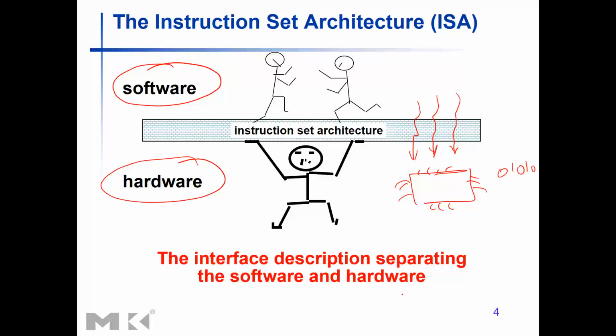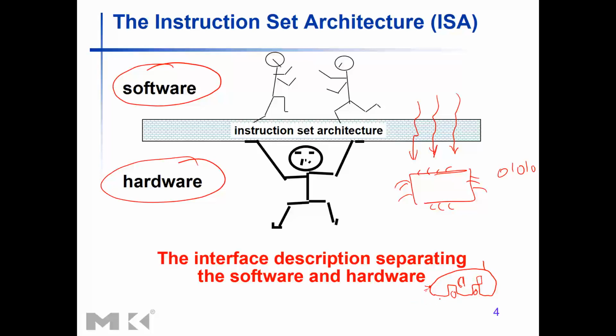Take the car, the automobile, as an example. I'm not good at drawing, but this is the automobile, with a door here and a door here. Bad drawing, I know. How do we drive this automobile?